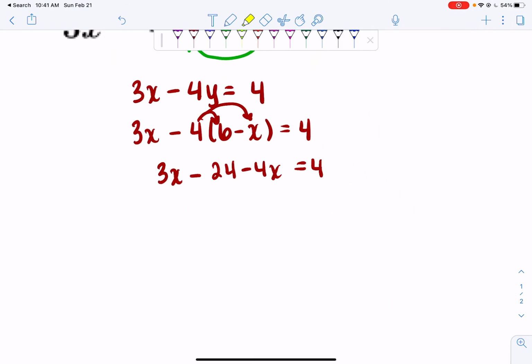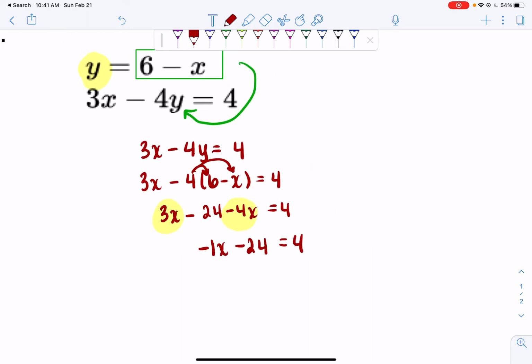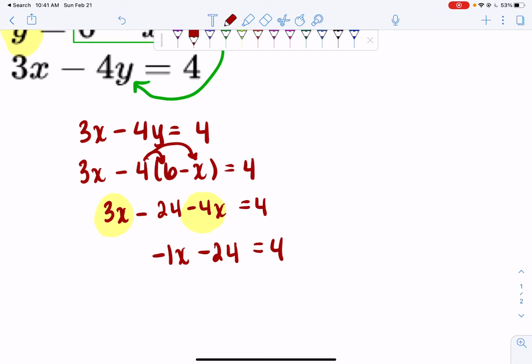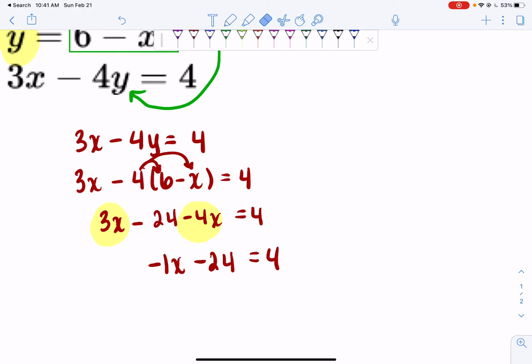I'm now going to highlight my like terms of 3x and a minus 4x. 3x minus 4x is negative 1x. Ooh, negative 4 times negative x is positive 4x. My apologies. This actually messes up the equation. I knew I did something wrong.